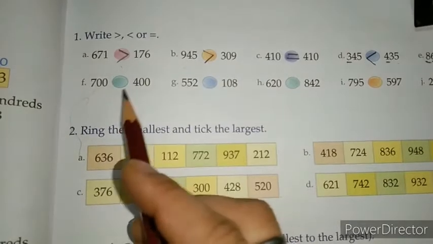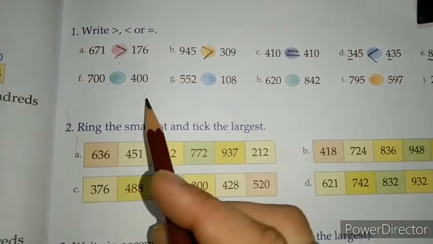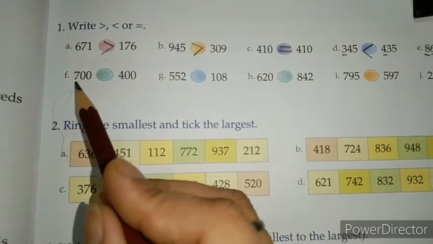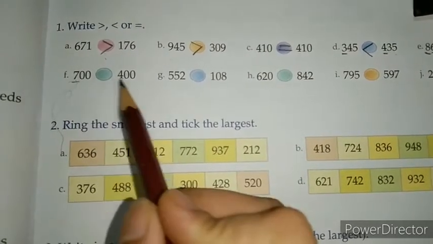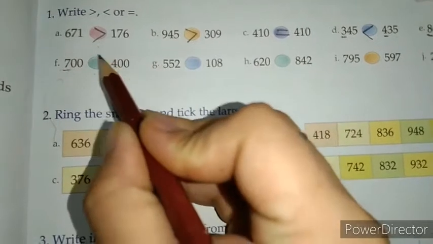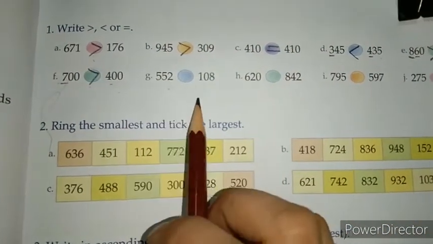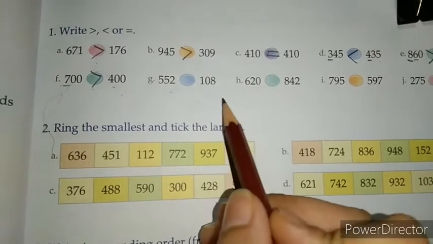Very good. Next one, 700 and 400. Compare the digit of the hundreds place, 7 and 4. Then 700 is greater than 400. Next one, 552 and 108.